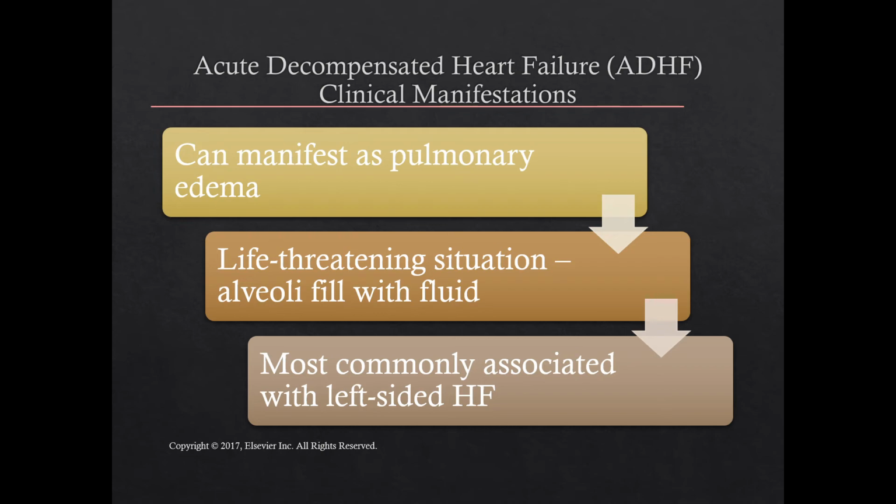Well, let me put it this way. What do you think the most common cause of pulmonary edema is? Left-sided heart failure. And what do you think the most common problem of left-sided heart failure is in the first place? Coronary artery disease. So a lot of these people might have had coronary artery disease for 8, 9, 10, 15 years.